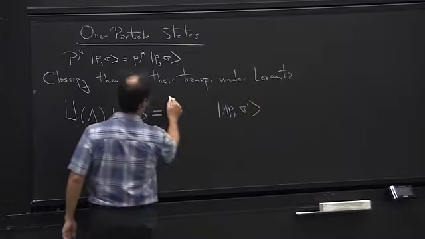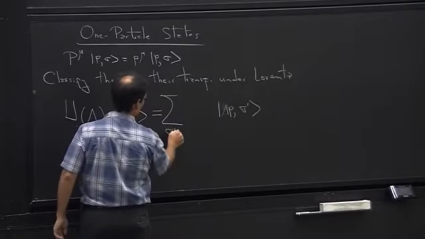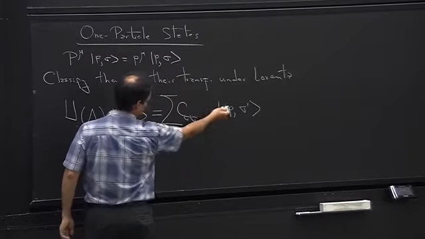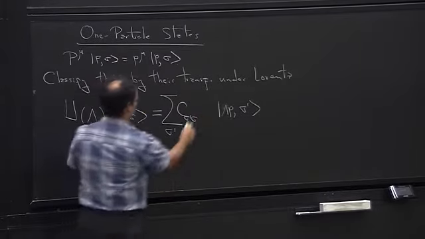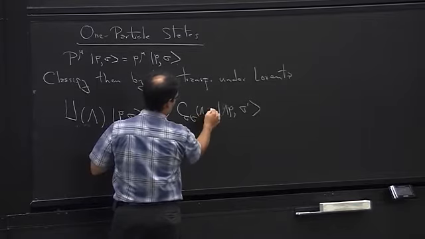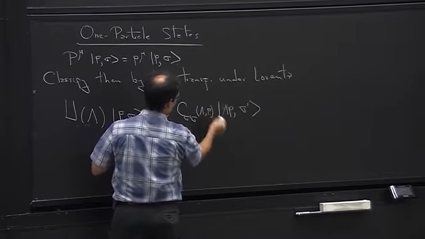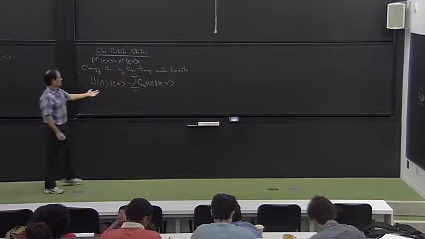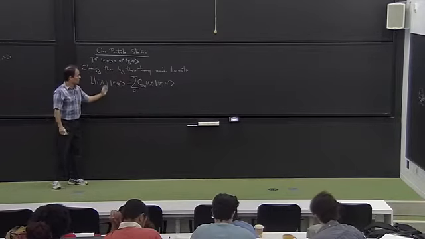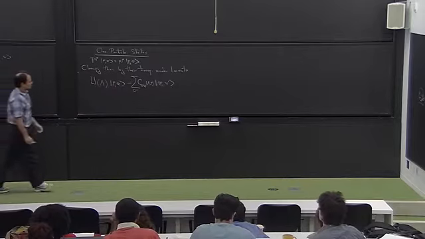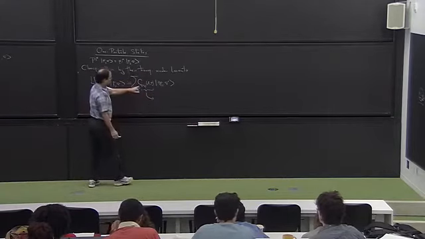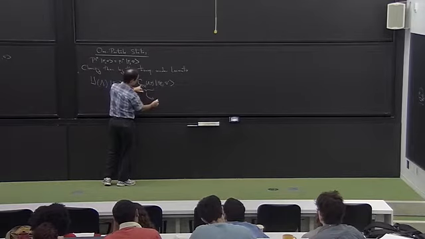So it must be a linear combination. We just sum over all sigma primes with coefficients that depend on sigma prime, of course, sigma, because it's the original state, and the transformation we are carrying out. And it's also good to introduce a momentum. So it basically depends on everything on this side. Okay. And what we said we were going to do today is to classify the possible transformations. Okay?